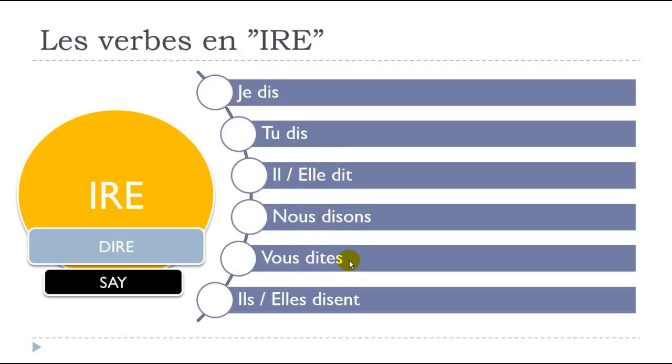Vous dites. Remember that in most cases at the beginning you will say vous disiez, and it's quite interesting because French kids, when they start to learn the language, make this logical mistake, vous disiez, but it's actually vous dites, and then ils, elles disent.